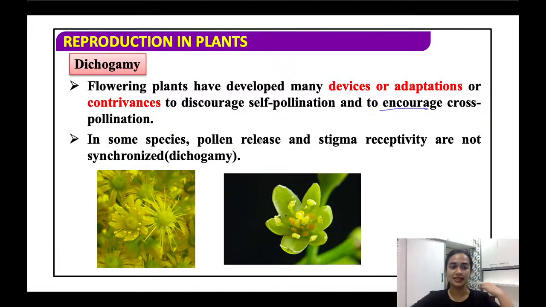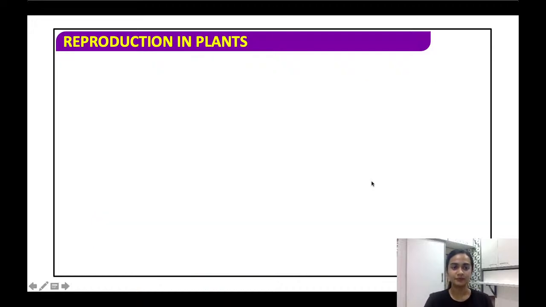In dichogamy, the pollen grain and the stigma do not mature at the same time. So when the pollen is ready, the stigma is not ready, so pollination cannot occur. When the stigma is ready, the pollen is not ready. So again, pollination cannot happen. This process in which the maturation time is not synchronized is dichogamy.